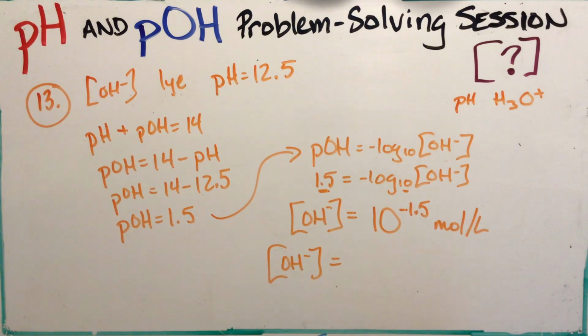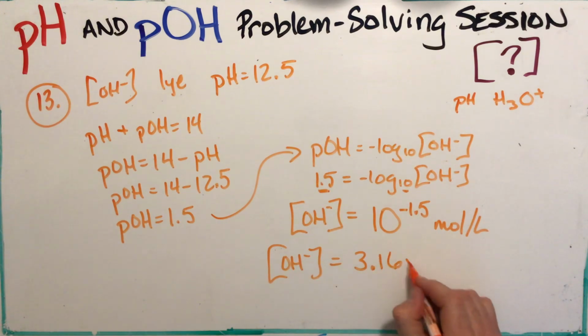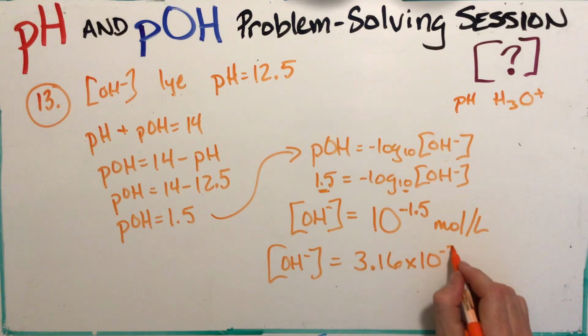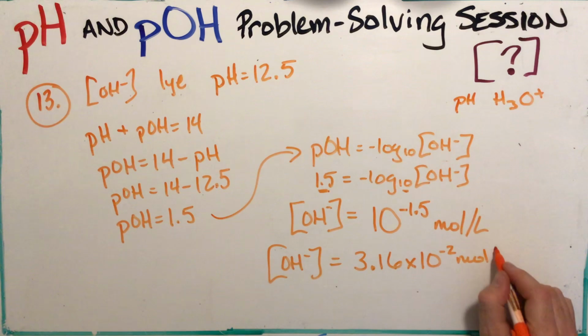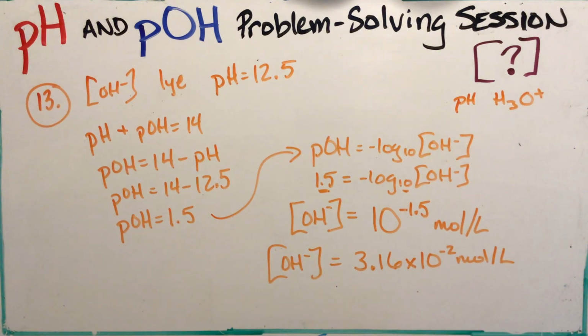When you do that, you will get one of two answers. I will put both of them here, and you can decide which way you like it. So 3.16 times 10 to the negative 2 moles per liter, or if we want to do the decimal, 0.0316 moles per liter.